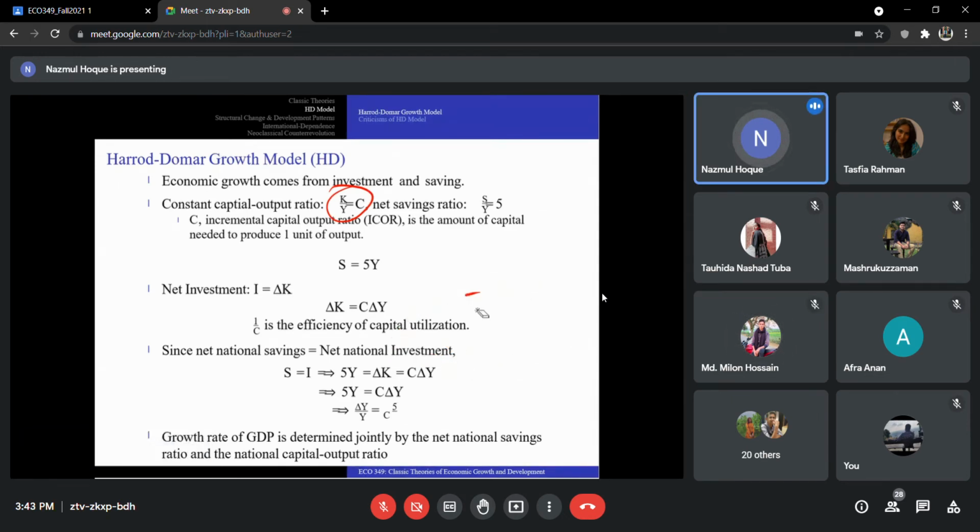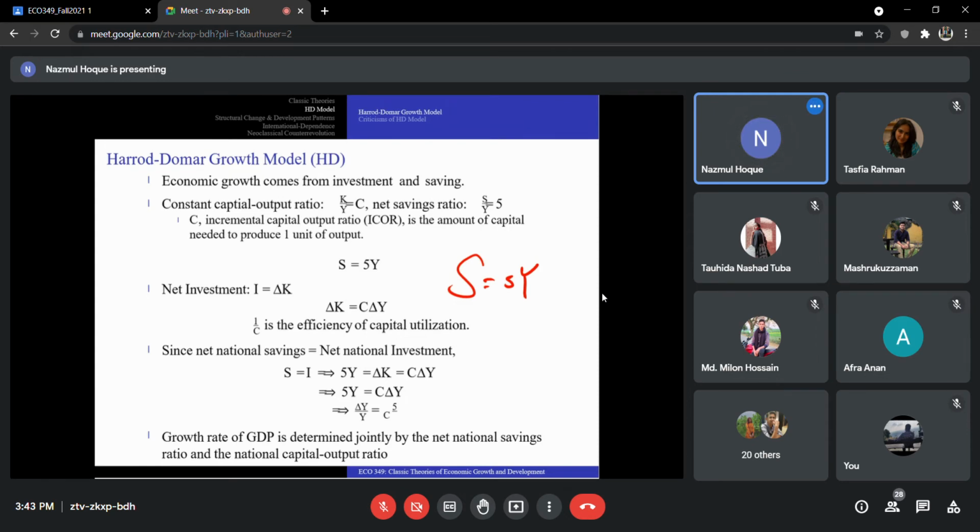And the savings ratio is savings divided by output, which is equal to some savings rate S, the net savings rate. We're focusing on net savings rate here. Then total savings is basically the fraction of output saved.